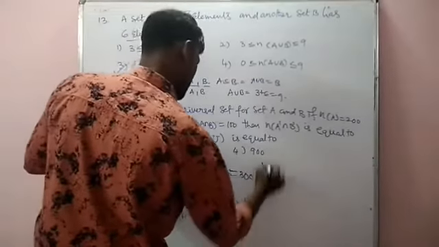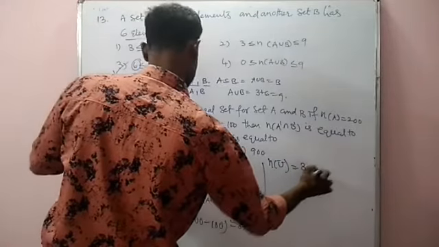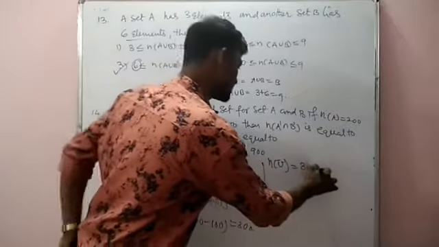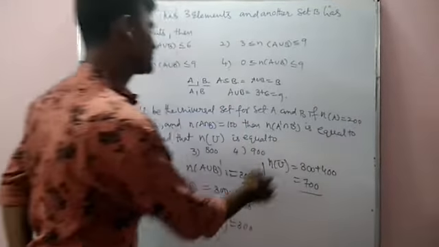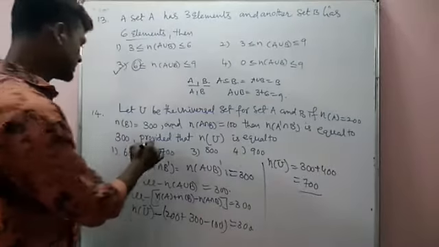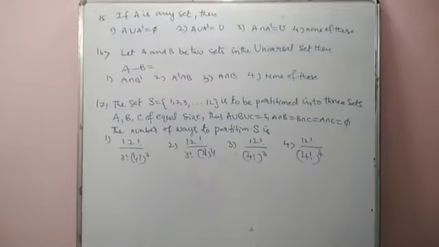Now n of U is equal to 300 plus 200 plus 300, 500 minus 100, 400. This 400 going to that side, then plus 400, so this is 700. n of U is equal to 700. My option is the second one.